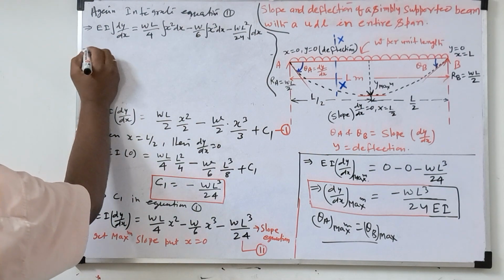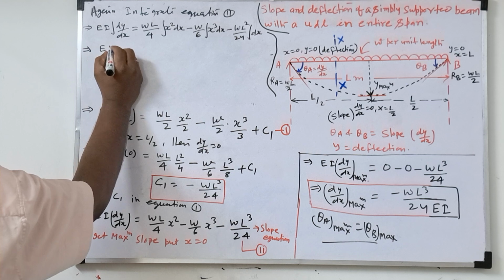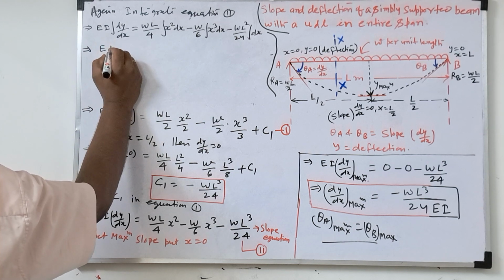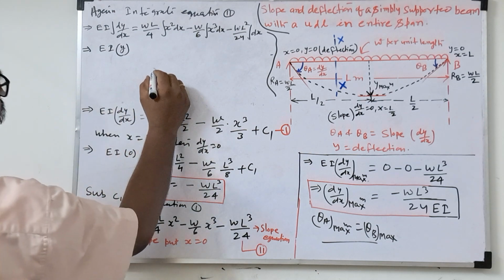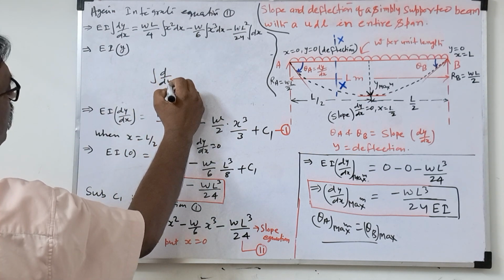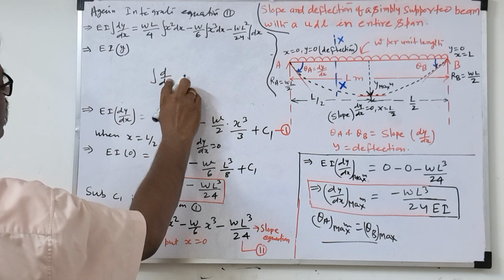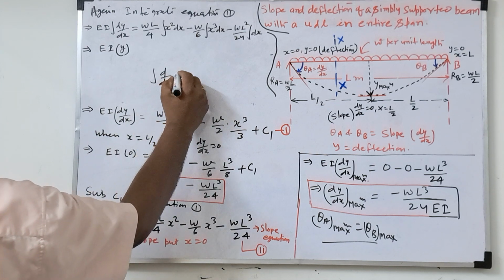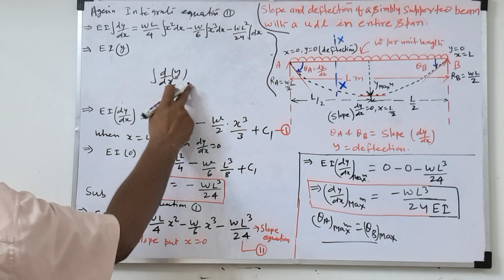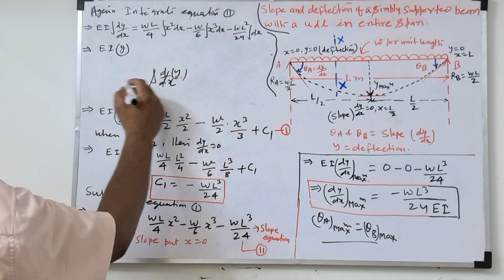What is the integration now? The integration of dy by dx will come y, so this and this will cancel, this will be y.